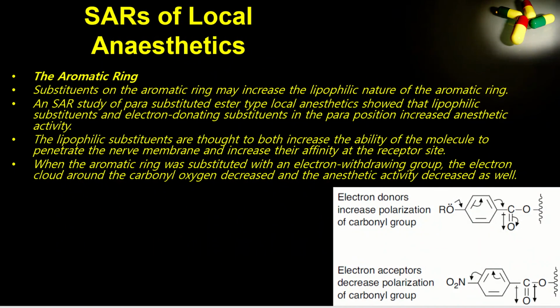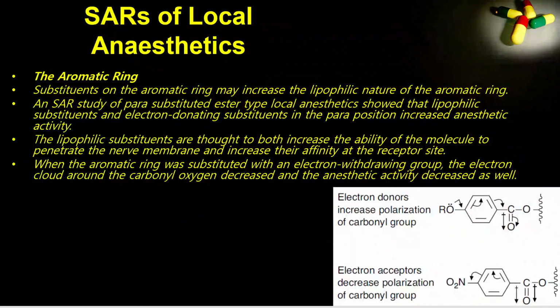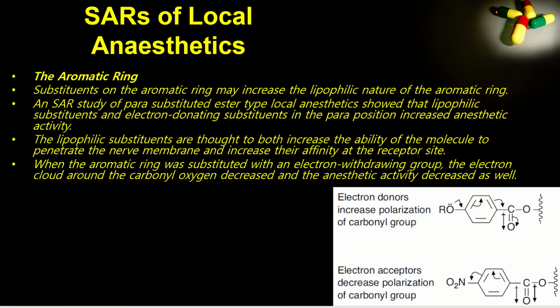All right, so still on the aromatic ring, substituents on the aromatic ring may increase the lipophilic nature of the aromatic ring, right? And so a SAR study of para-substituted ester type local anesthetics showed that the lipophilic substituents and electron donating substituents in the para position increased anesthetic activity.